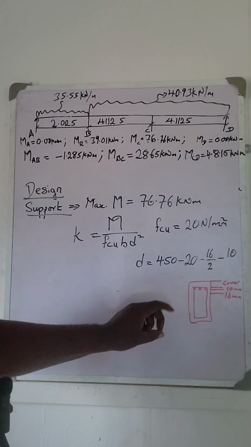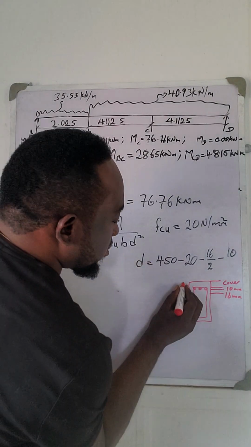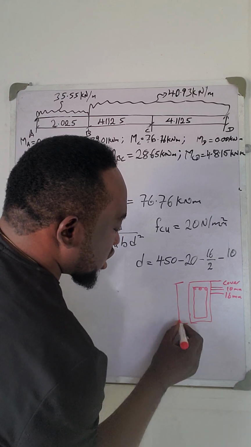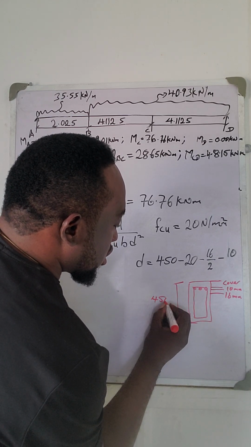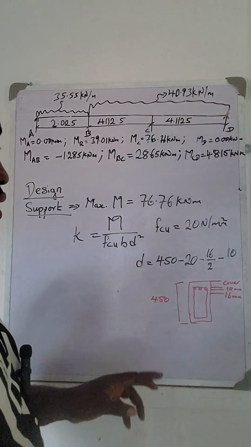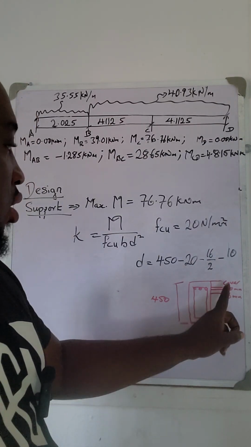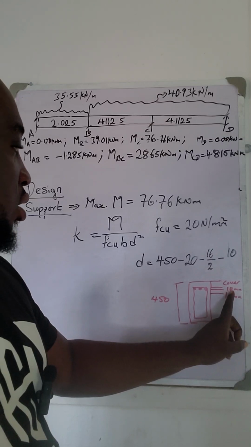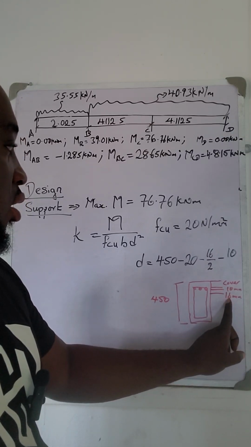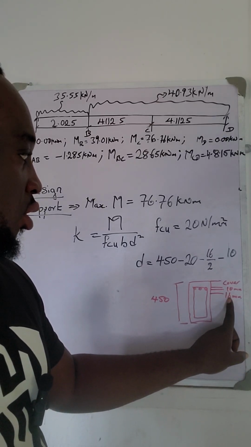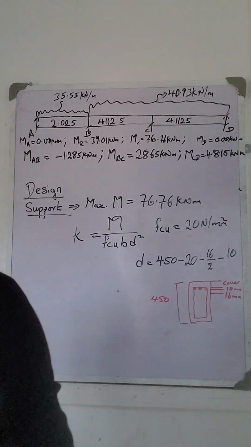So 450 from here to here, which is the height, is 450. We're now saying 450 minus concrete cover minus the stirrup minus half the steel. That's what we're having there.